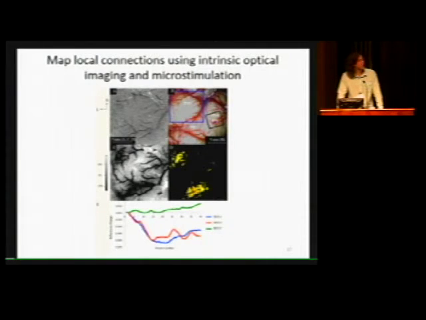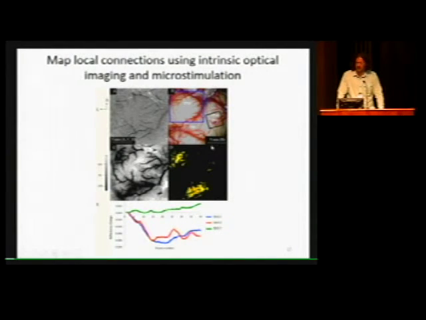And figure A right here shows you an image of intrinsic optical imaging before the animal was stimulated. And on the bottom you can see the image at the height of stimulation, and you see several areas light up. And here we show the significantly activated areas.